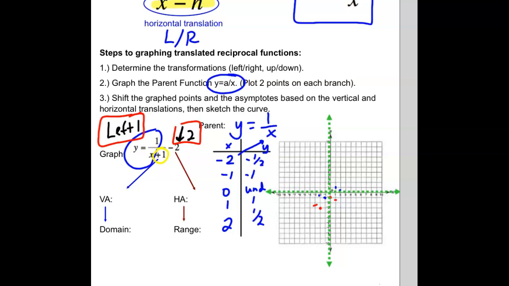So if we are moving left 1, then our vertical asymptote is going to move over here left 1. And if we're moving down 2, then our horizontal asymptote is going to move down 2 spaces. So you can see that our branches going through our red dots and approaching those red lines, it's going to look like that.